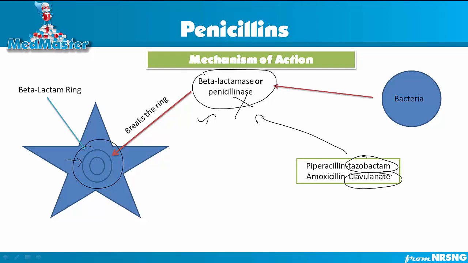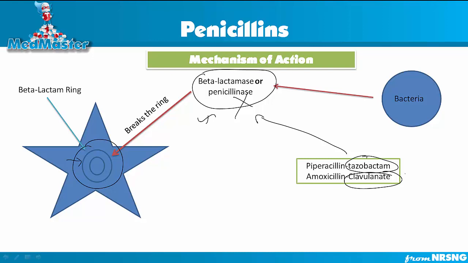When they destroy this enzyme, automatically bacteria won't be able to destroy the penicillin. And when the bacteria can't destroy penicillin, the effectiveness of the penicillin antibiotic will increase, so it will require a lower dose as well. That's why you often see it with penicillin antibiotics, like piperacillin tazobactam.